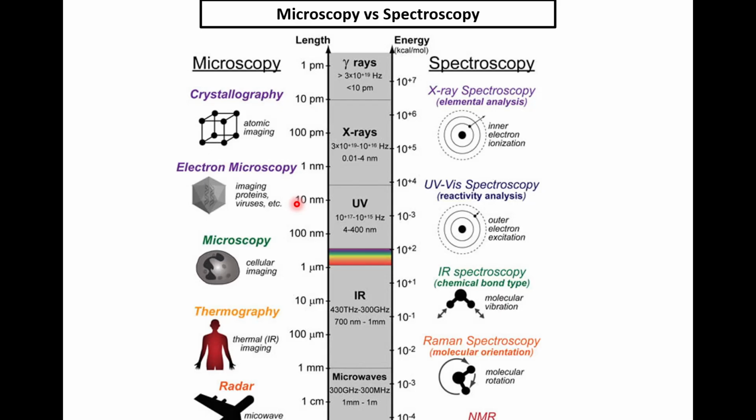But the major difference is that in microscopy, the absorption and emission by these compounds are used to visualize those objects. So in microscopy, we are more in the qualitative aspect: we need to visualize the matter or the object.